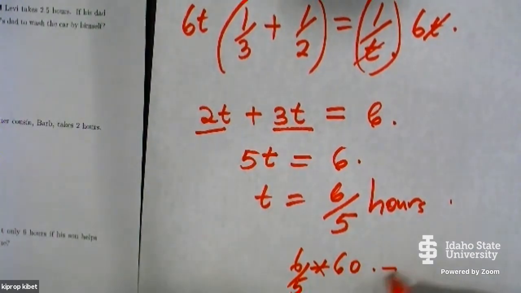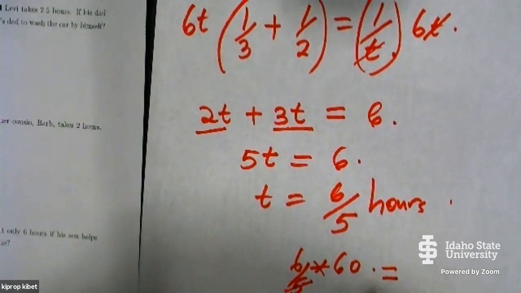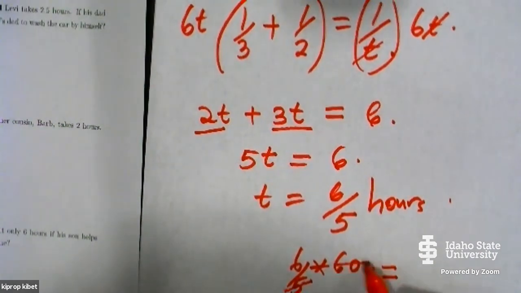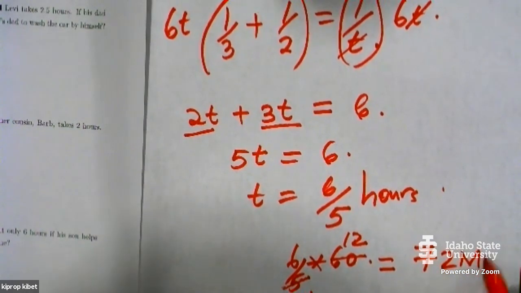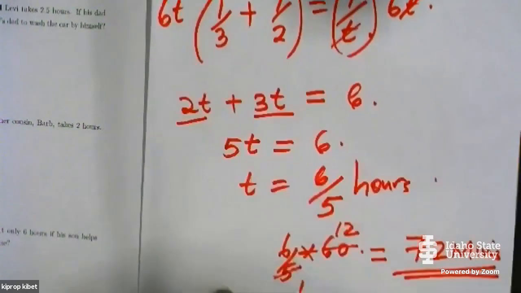So how many minutes? By 5, 1, by 5, 1. 72 minutes. So it will take 72 minutes for them to complete together.